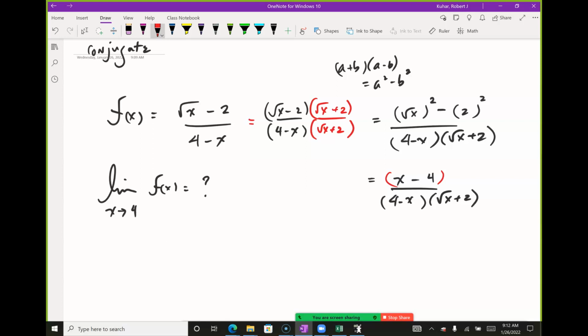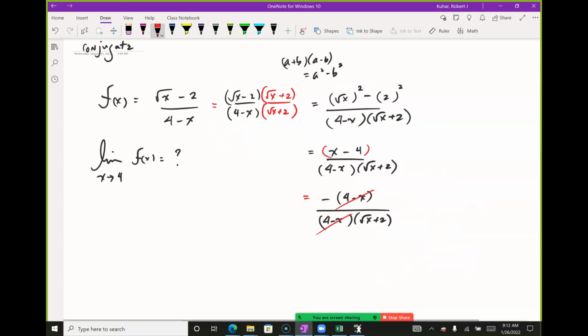Right, x minus 4 and 4 minus x are opposites. So they're going to cancel to a negative 1. If you want to, you certainly can factor out that negative 1, if you're a little unsure of that process. You can factor out a negative 1 either upstairs or downstairs. And notice that those two factors will now cancel. And there's my replacement function.